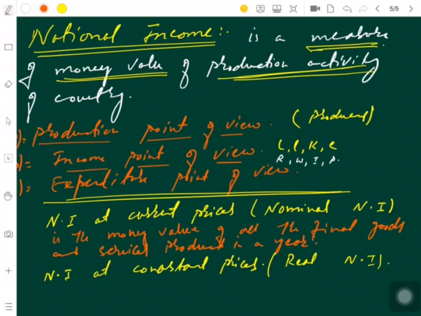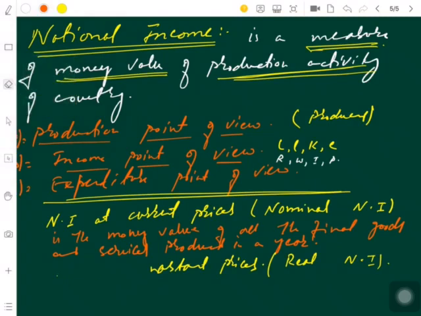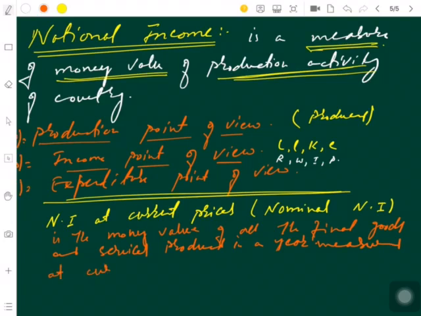Let us define the national income at current prices properly first. National income is the money value of all final goods and services produced in a year measured at current prices.